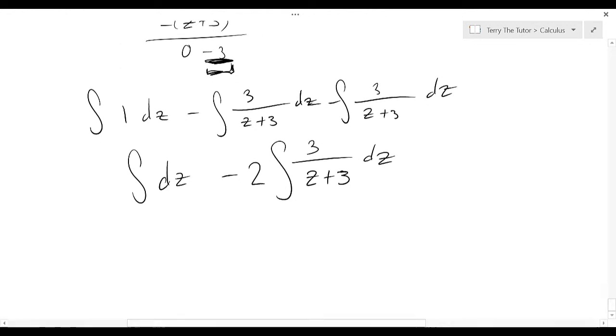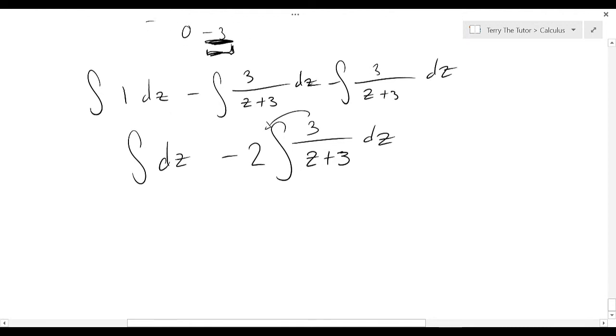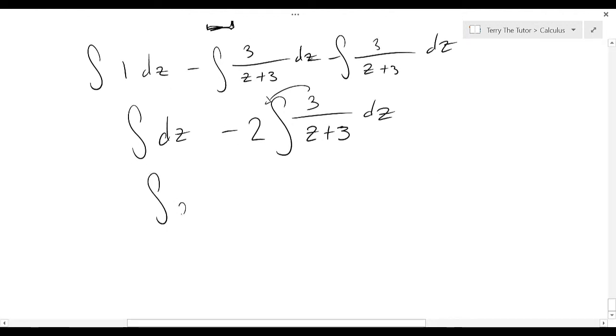Awesome. Now let's factor out that 3 like I said I was going to, by the constant multiple rule. So we're left with the integral of dz minus, if I pull the 3 out, I multiply it by 2, so that gives me 6, times the integral of 1 over z plus 3 dz.